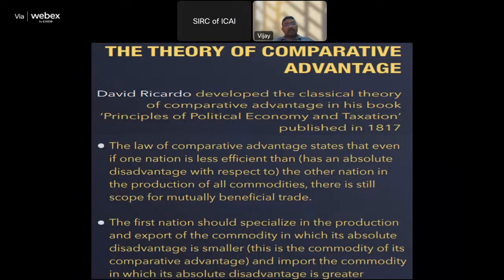Now, sir, suppose both the goods are an advantage for one nation, and the other nation is facing disadvantage. In that case, what will happen? That is what we call the theory of comparative advantage.